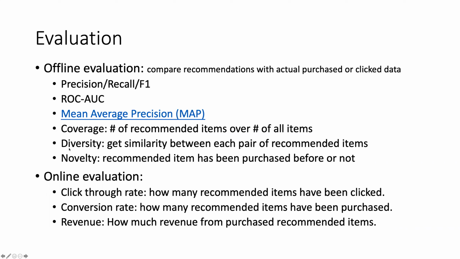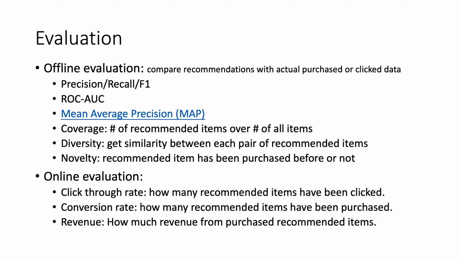Another metric is diversity. That means how diverse your recommendation results are. One thing we want to get is the similarity. For example, if we had that cosine similarity result before, then we can directly apply it here. If you have 10 recommendations, we want to calculate each pair of these 10 recommendations, their similarity.